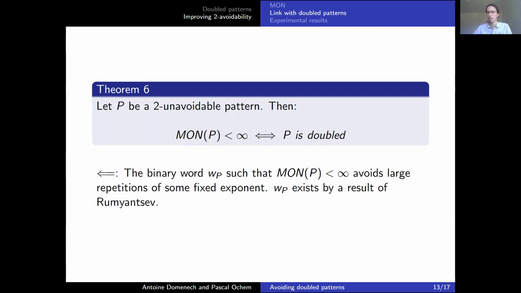It's really the same idea as what you can do with squares, because if you take a word that avoids large repetitions for a good exponent, then it cannot have infinitely many squares, because that would give a very large repetition bigger than the exponent. So if you take the good word that avoids repetition, it works, and that's why we will be studying only double patterns for this notion.